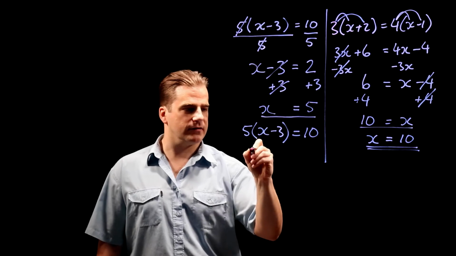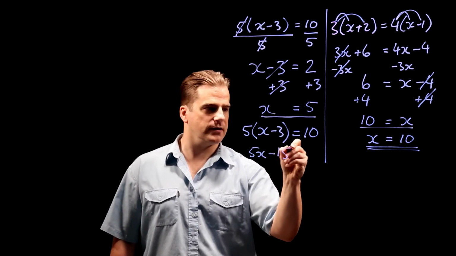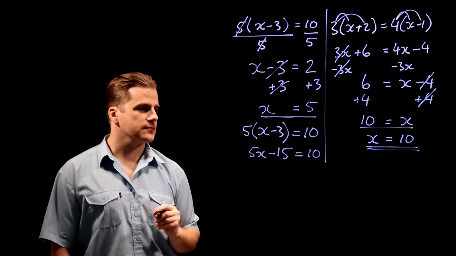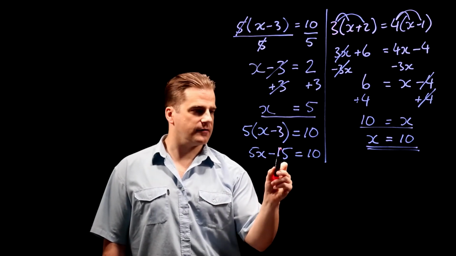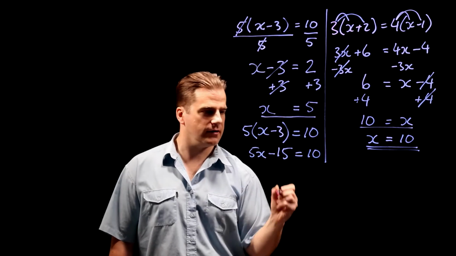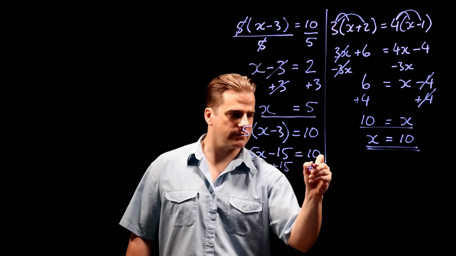So 5 times x is 5x, 5 times minus 3 is minus 15. Okay? Right. There's only one term in x, but 2 terms in numbers, so get all the x's on this side, all the numbers on that side. So we need this 15 over here, so we're going to add 15 to both sides.